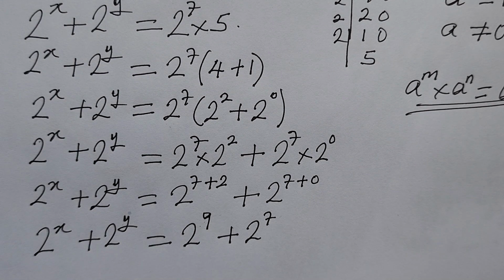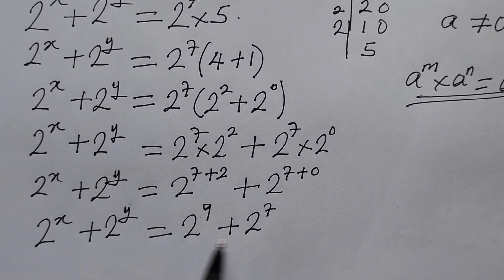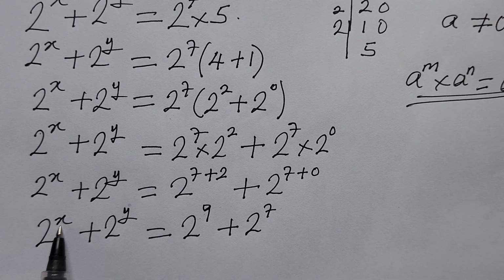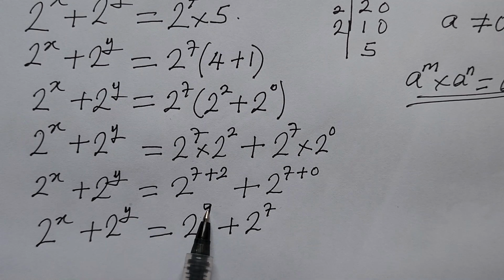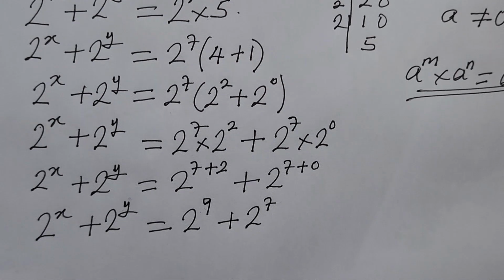But we have to check if what we are given as a condition is met at this point, and the ones we can relate with each other, the ones we can equate to each other. Here we are told that x is greater than y. Look at the power we have here, it's greater than the one we have on this other side. So we cannot do our comparison.